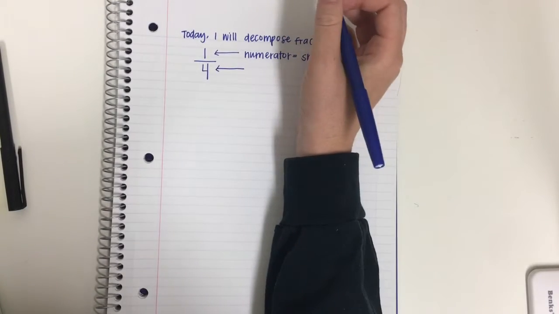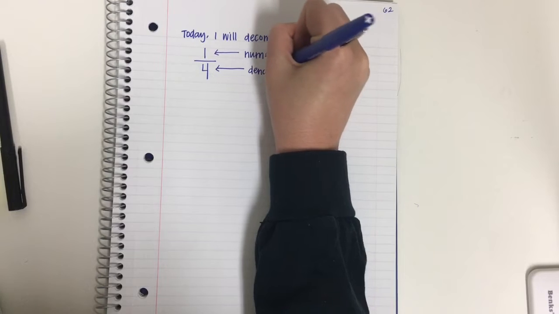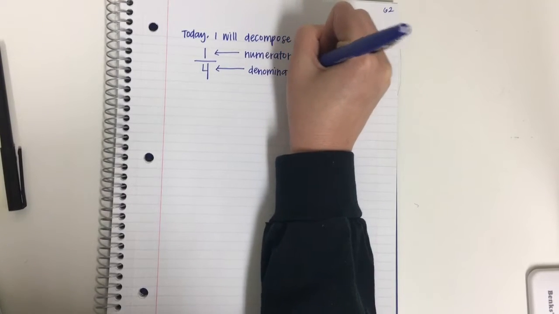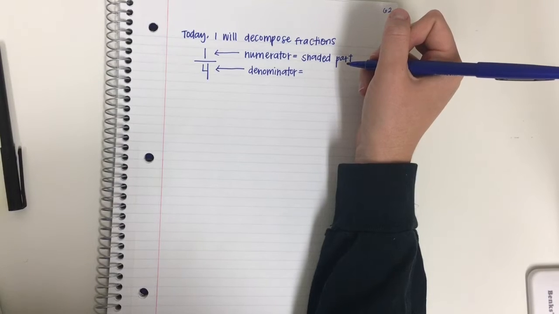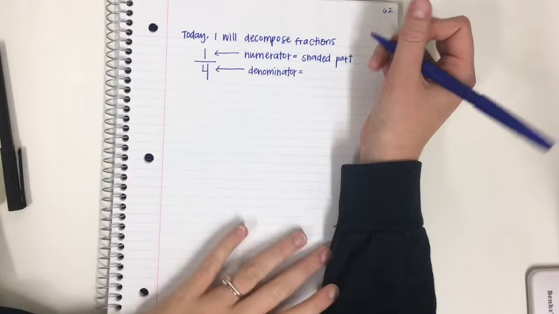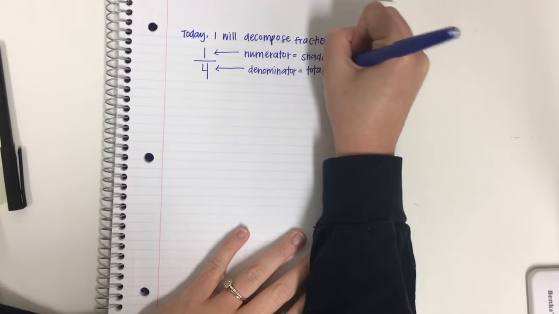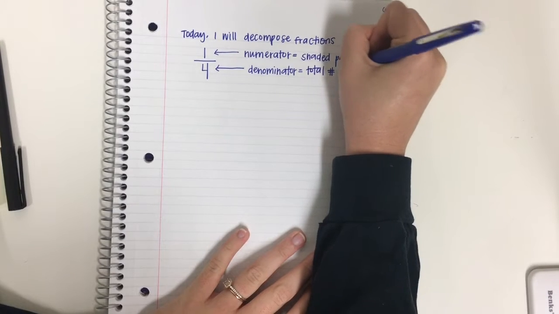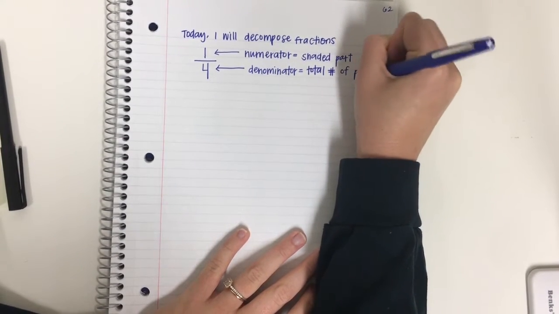What do we call this? Denominator. Good. Denominator is equal to the total number of what? The total number of parts that your whole is broken into. Good. So total number of parts / pieces.